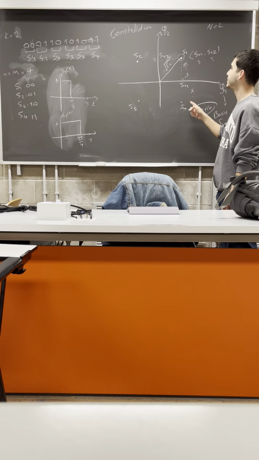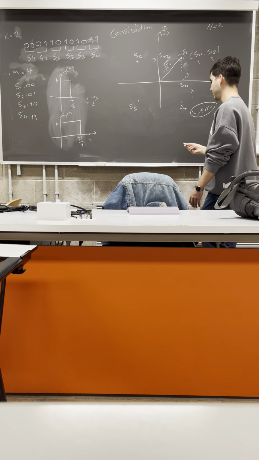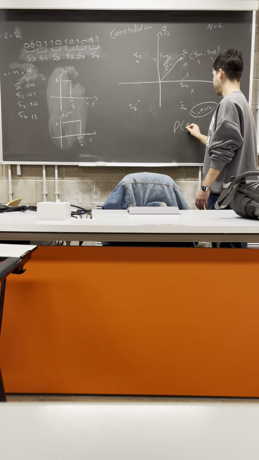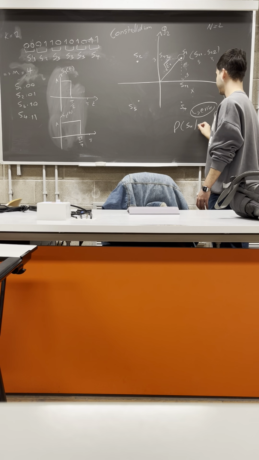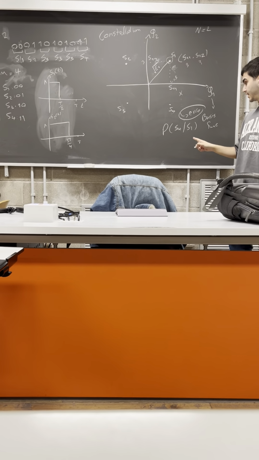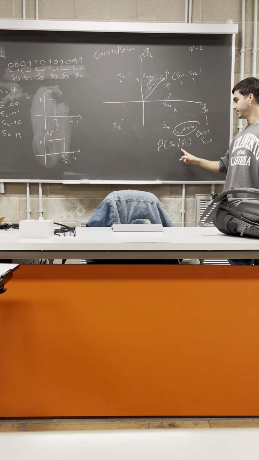So the probability that we transmit S1 and get S4, the probability of getting S4 given S1, is the probability of error.